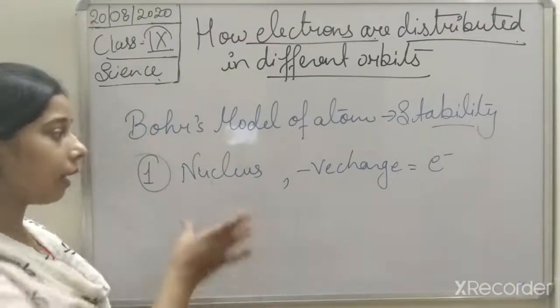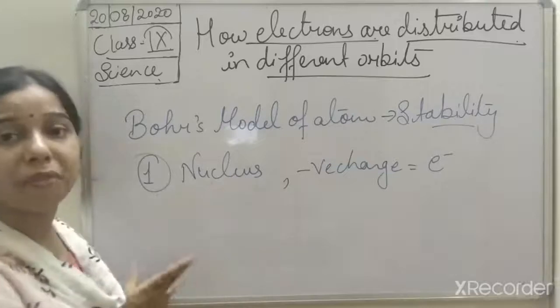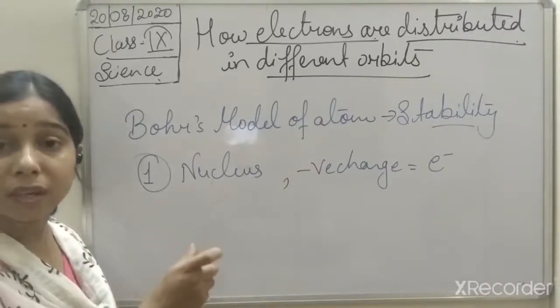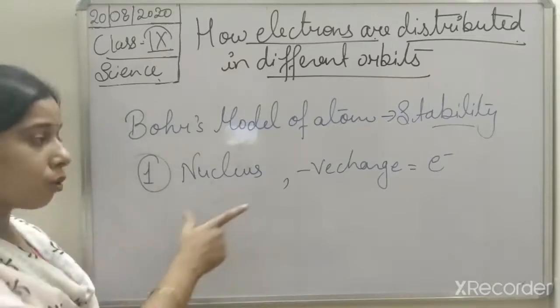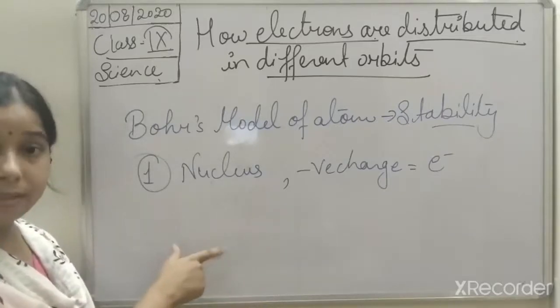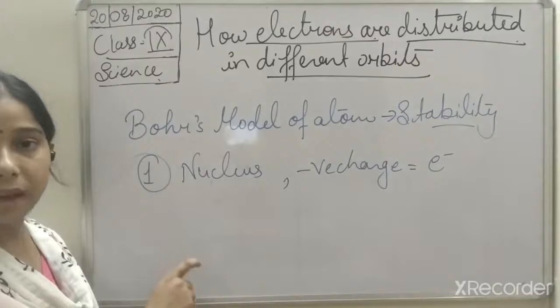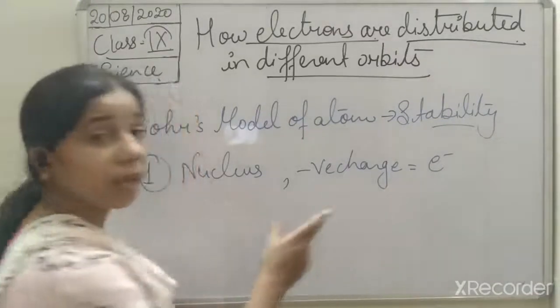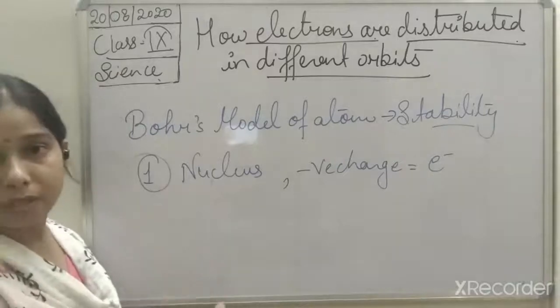He explained that an atom consists of a positively charged particle concentrated at the center of the atom. That we call a nucleus, and around this positively charged particle, negatively charged electrons revolve.